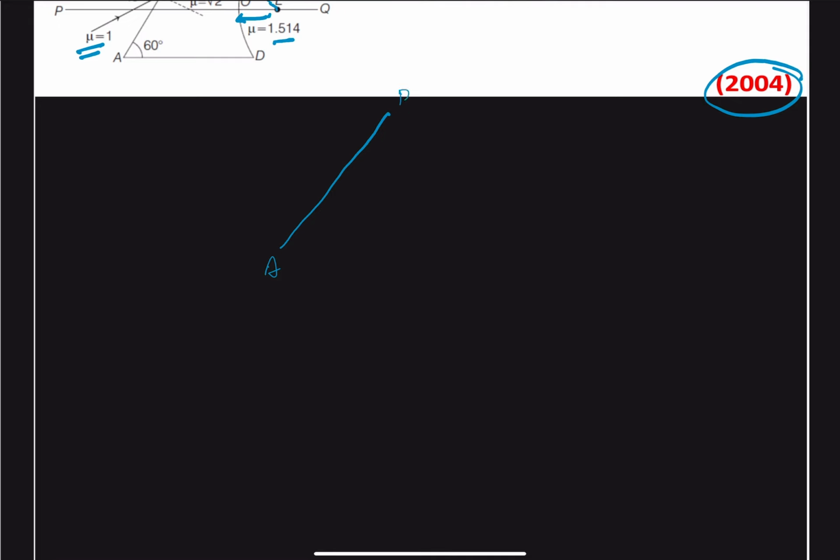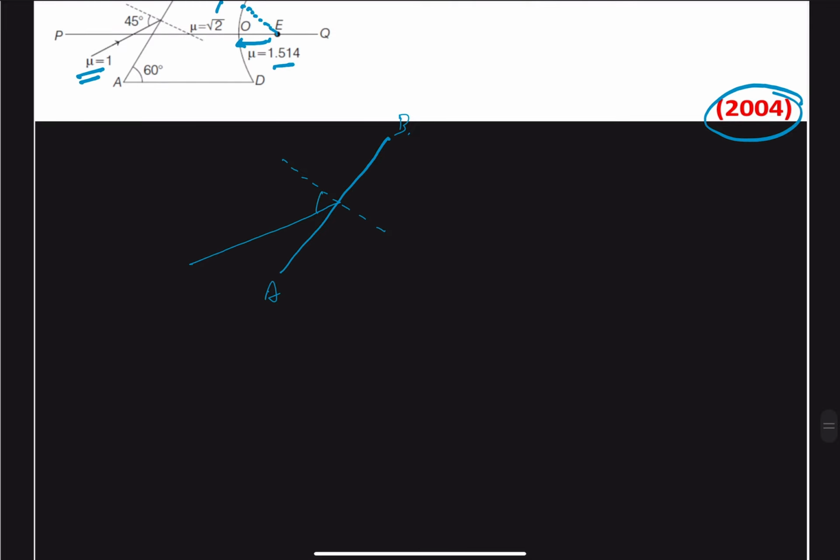This is A and this is B. And we have a normal to the surface like this, and light is incident in this way, and the angle is given as 45 degree, and this AB is inclined at an angle of 60 degree, and the refractive index here is mu1, that is equal to 1, and here the glass mu is square root of 2, which is obviously greater than 1. Okay, so it will try to bend toward the normal, something like this.